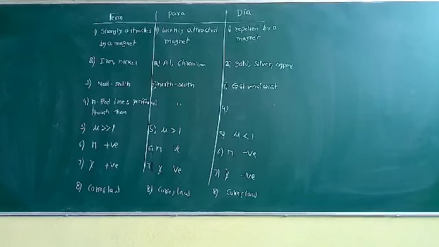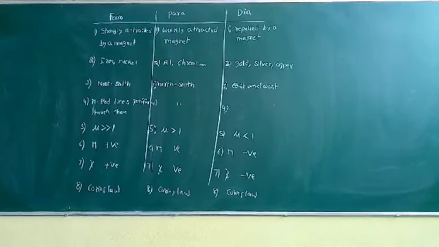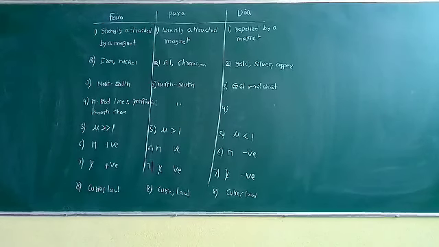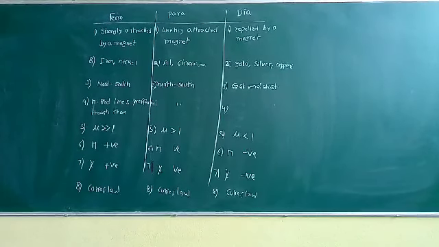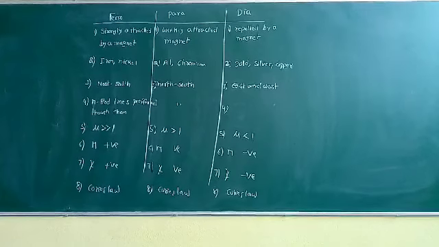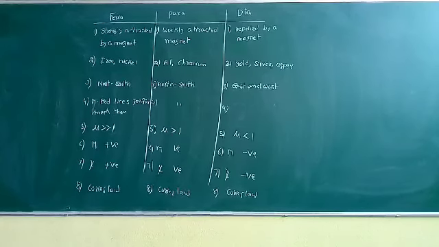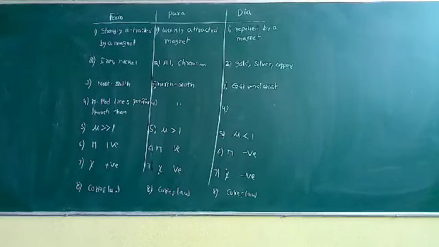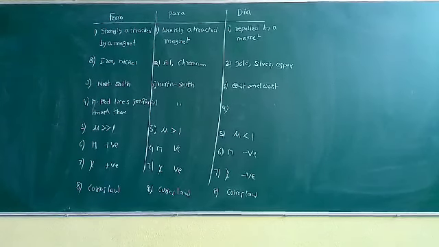As far as magnetization is concerned, ferromagnetic is more positive, para is less positive, and dia is negative. Next, susceptibility for ferromagnetic is more positive, for para it is less positive, and for dia it is negative.